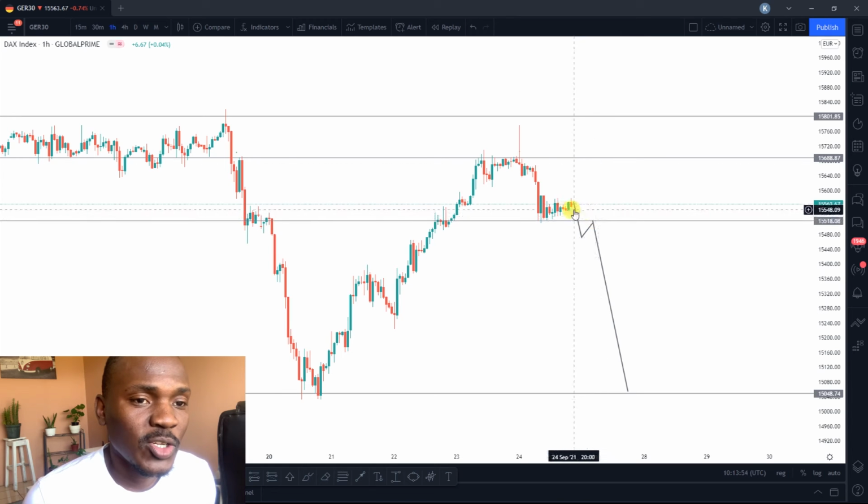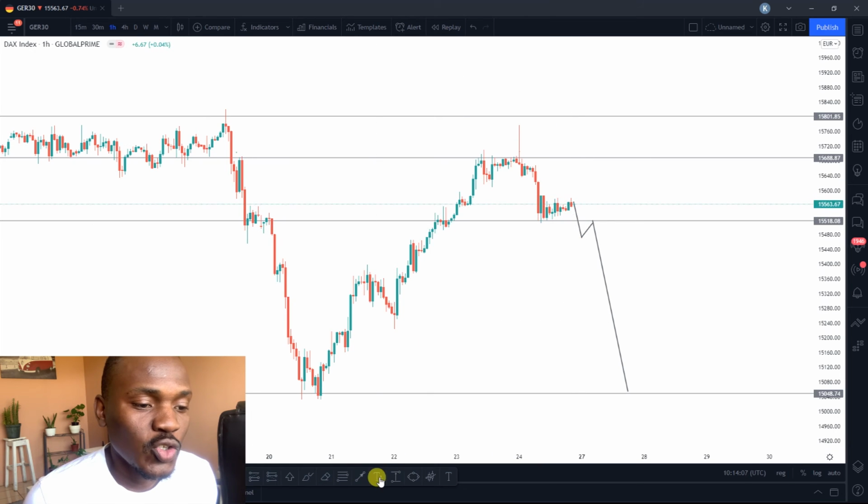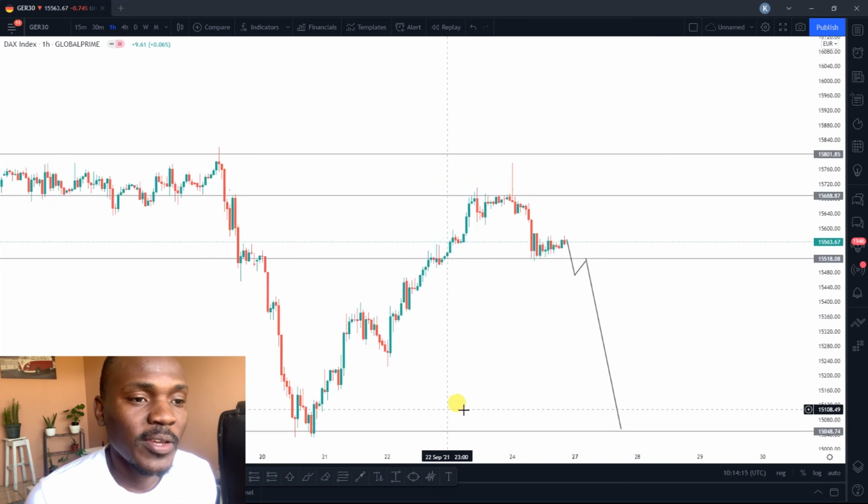So the market can do anything, guys. The market doesn't know who you are. The market doesn't care where you live, what you do. It doesn't care about your expenses. So this can continue. It can actually continue going up, right? It can actually continue going up and not go in my direction, which is okay, right?